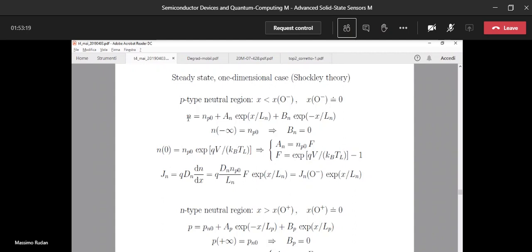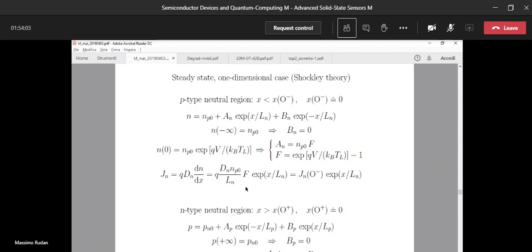So we simply take the derivative of this expression of n. So we have q Dn that is already there. This is a constant, so it disappears in the derivative. An is np0 f. And then the derivative of the exponential is the exponential divided by Ln. So this is the expression of the current at each point in the neutral region of the p-type.